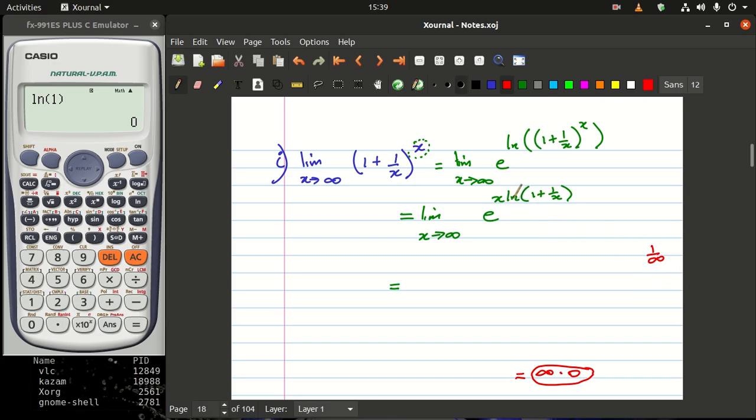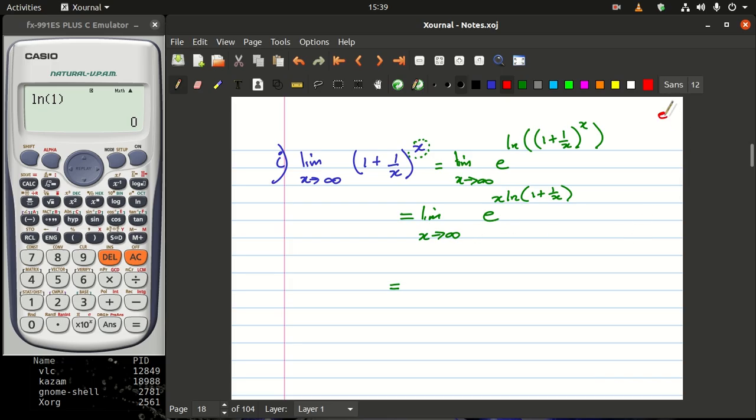Because this one is getting to 0, we have something like this: this one is infinity and this one here is 1 over infinity. So we are close to what we are looking for. Why am I wasting time talking about these things? I wanted to explain something here.